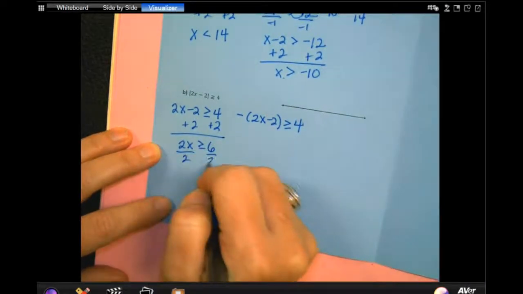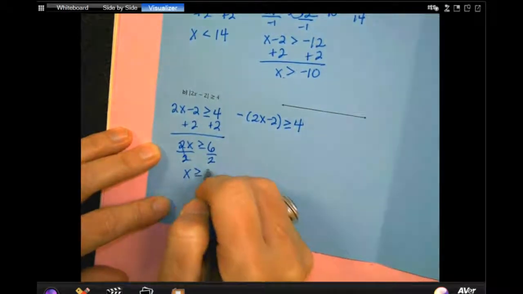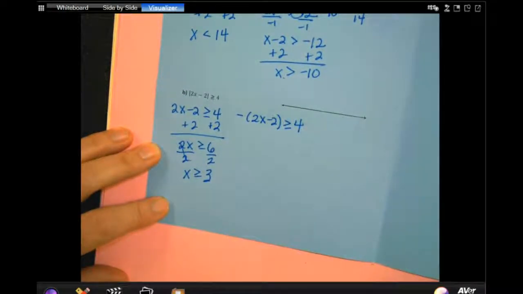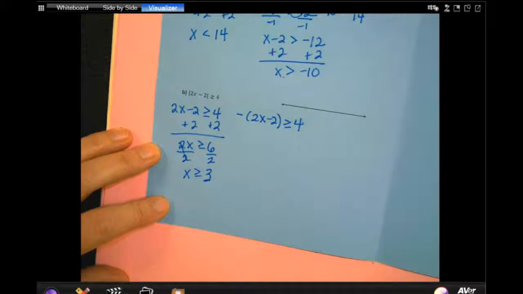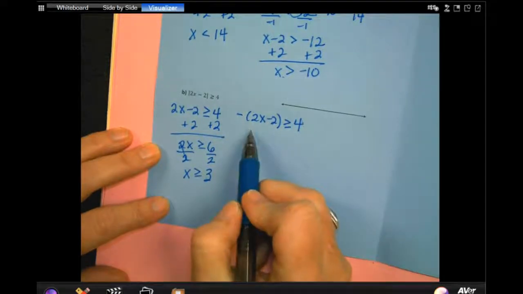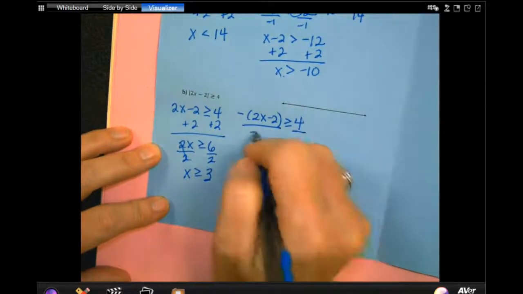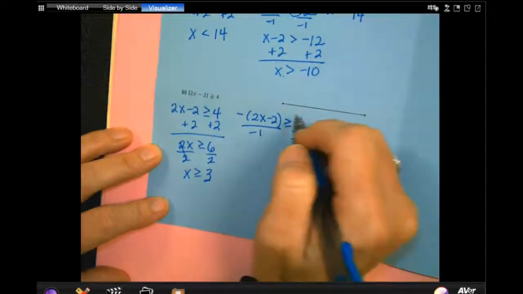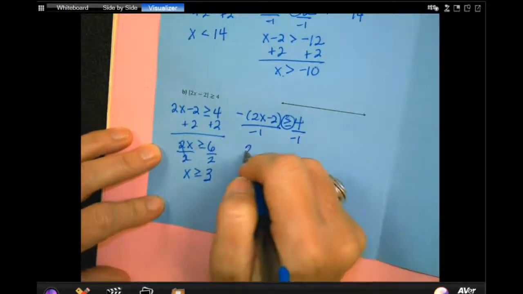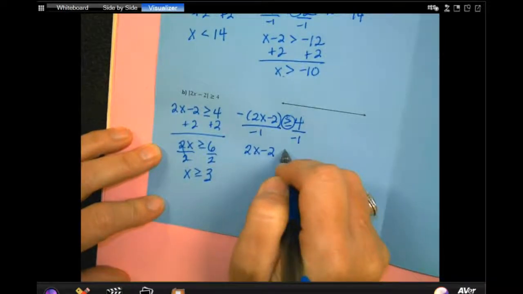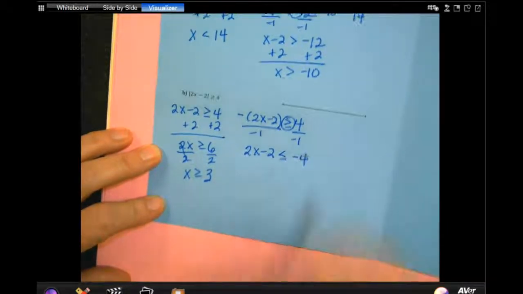And divide by 2. So I get x is greater than or equal to 3. And I have a negative now, so I have to divide by the negative. So what happens to the inequality when I divide by negative? It has to flip. So I get 2x minus 2 is less than or equal to -4.